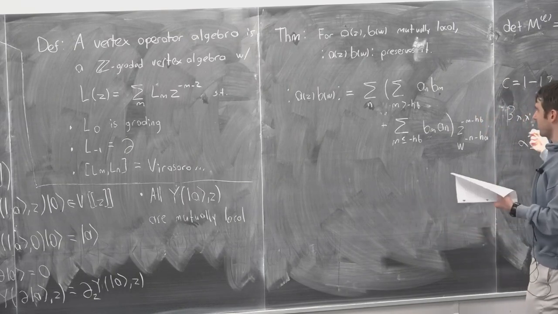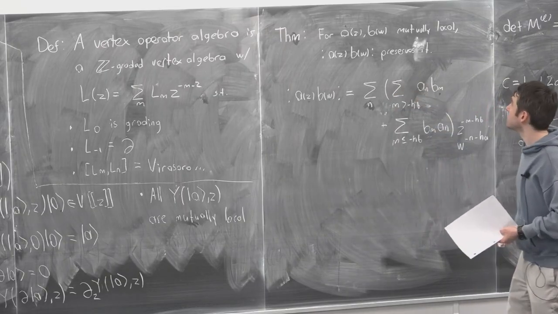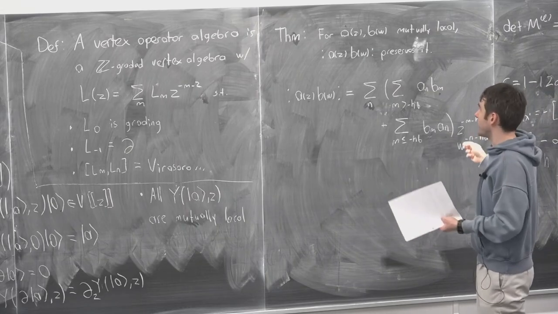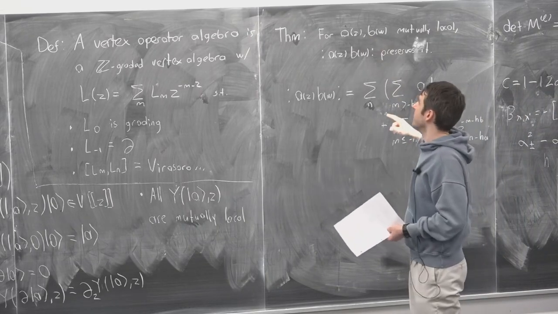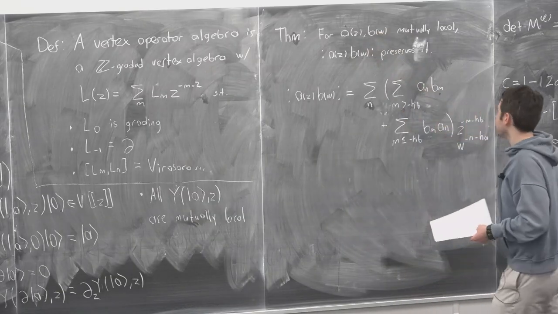So that's like a physical motivation for this definition of normal ordering. And normal ordering is very nice because if A and B are mutually local, then the normal ordered product AB will be mutually local with them as well.